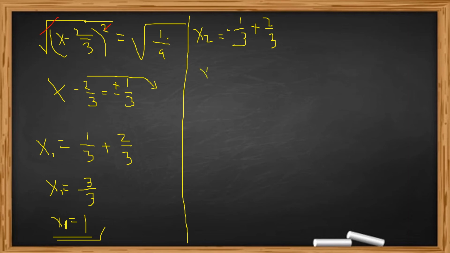So, x sub 2. Again, they have the same denominators, so you can just add the numerators. Negative 1 plus 2 is positive 1. Of course, you just copy the common denominator, which is 3.